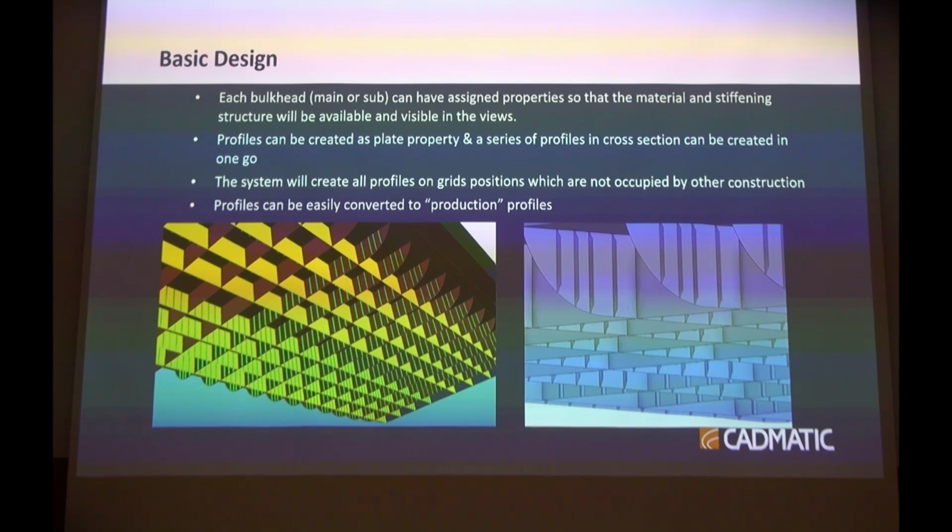The system will create all profiles on grid positions which are not occupied by other construction. If the grid is changed, for example with distances, the profiles will move or disappear if a certain grid distance is not there anymore. Profiles can be easily converted to production profiles with one simple click by selecting the bulkhead.